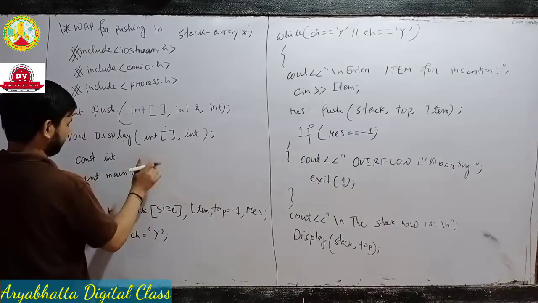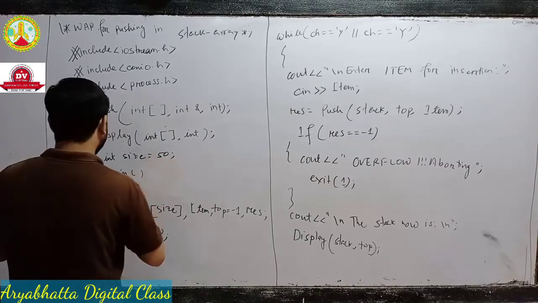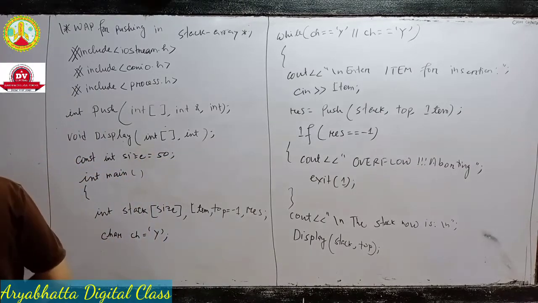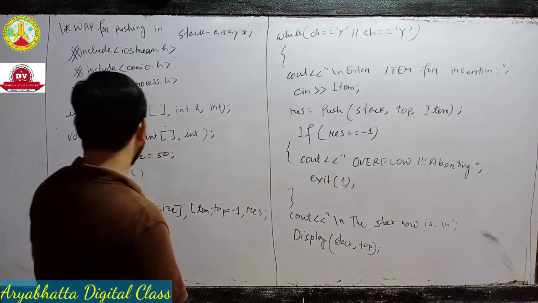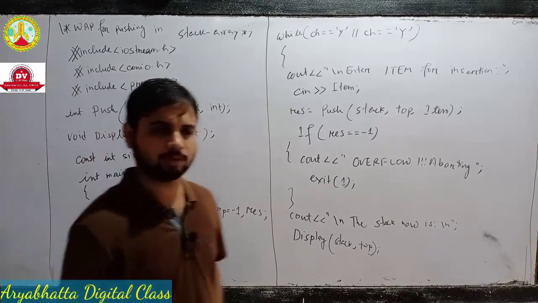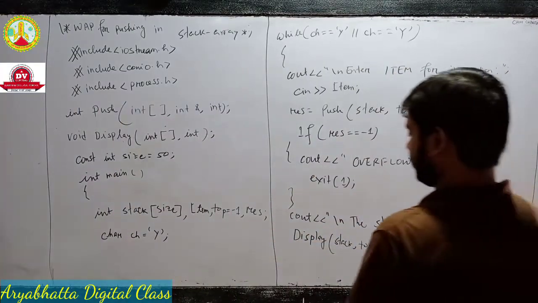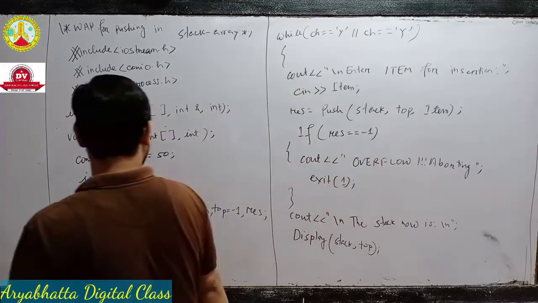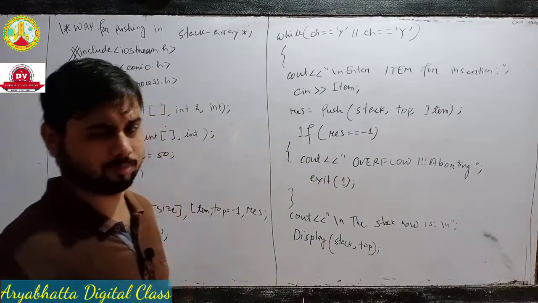Okay, there is something to skip, you write down constant integer size 50. Constant integer size 50 means this variable. We take the maximum number: how many elements do we have to insert? Maximum 50 elements, right? And this is item top, which is equal initially to -1, which means we assume the stack is initially empty.